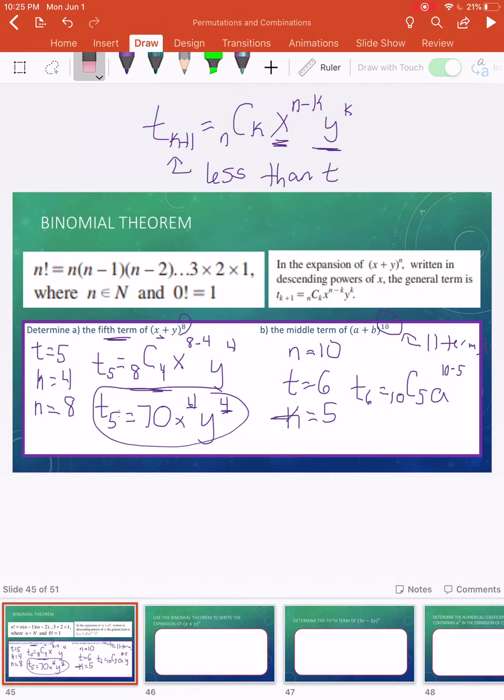Let's fix that really quick. To the power of k, which is 5. On your calculator, you would type 10 choose 5. If you type that in, you should get 252. 10 minus 5 is of course 5, so then I have a to the power of 5, b to the power of 5. There we go.